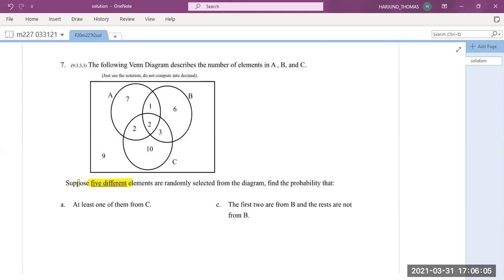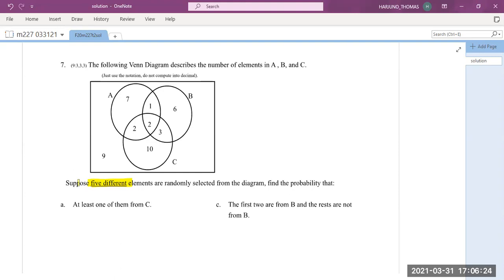Let me say it again. If I say suppose 5 elements or 5 different elements, it means it is without repetition. Why?